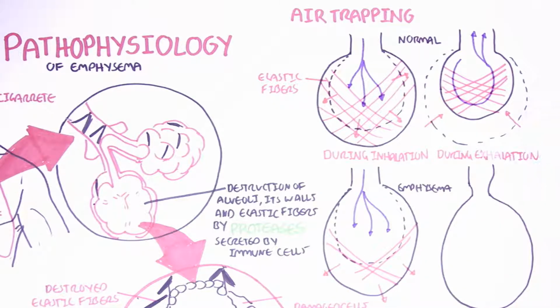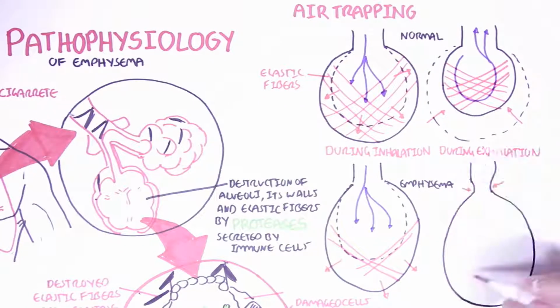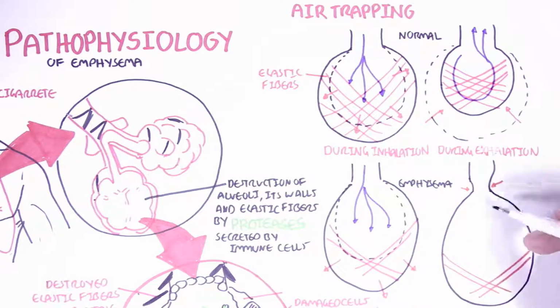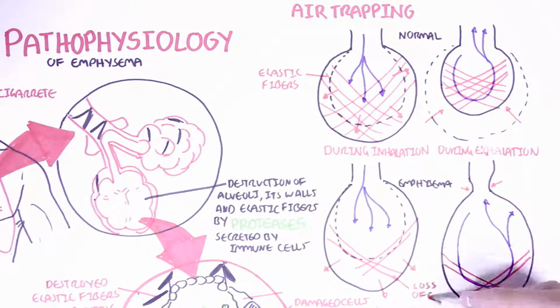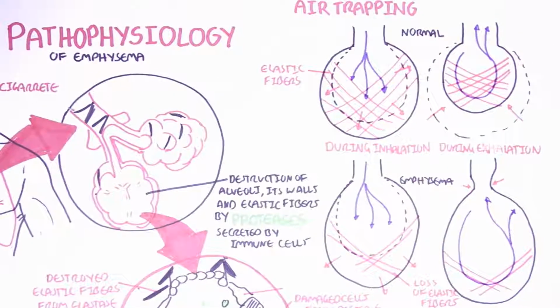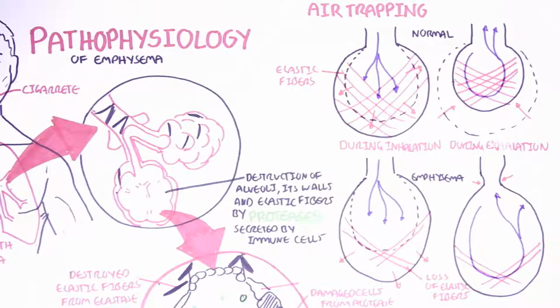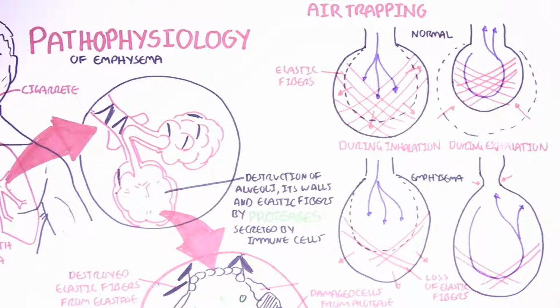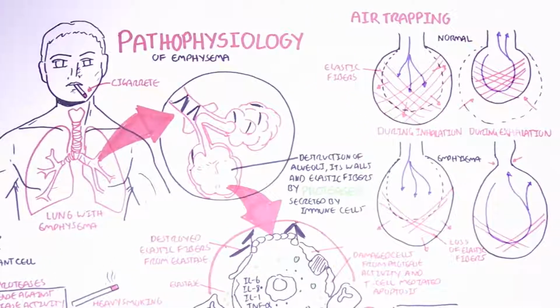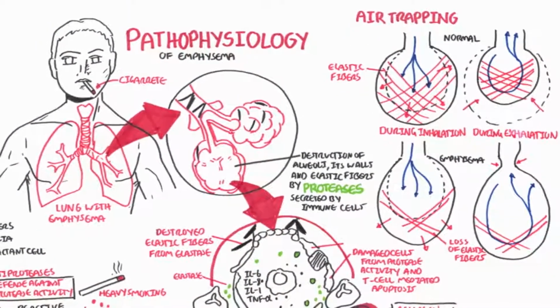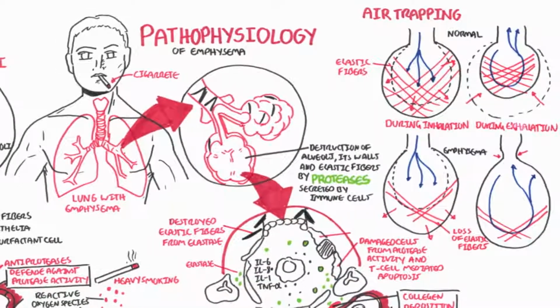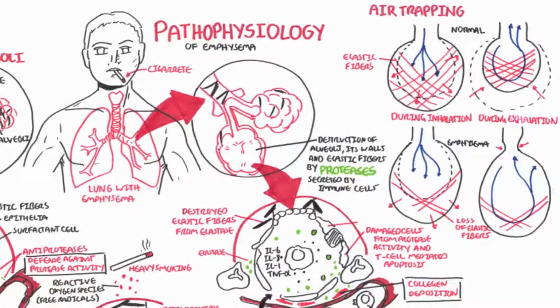So then during exhalation, the narrowing of the bronchiole and the absence of a recoil system because of the destruction of the elastic fibers will cause air to be trapped, making it hard to breathe out. So I hope that makes sense. So to summarize, in a person with emphysema, air can be trapped within the alveoli. The destruction of the elastic fibers will reduce recoil of airways, and so it is difficult to breathe out.